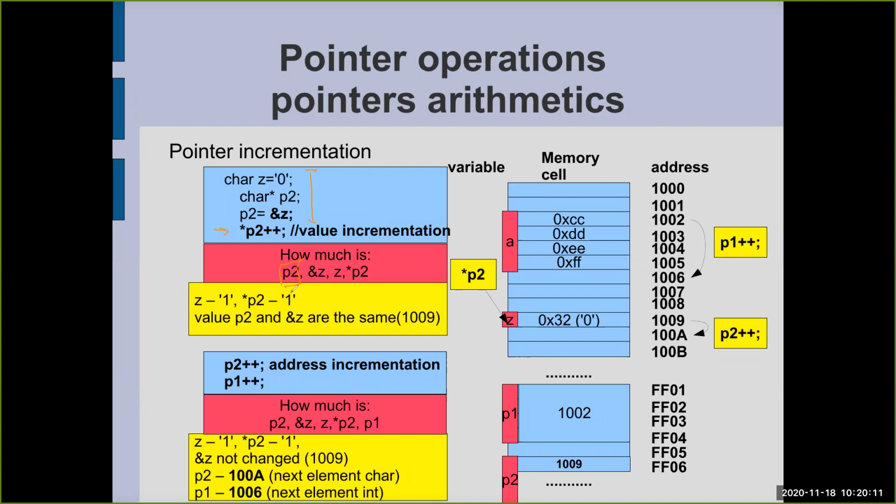P2 is a pointer, yeah? So it stores an address. So what will be the address of P2? No, not the address of P2, the value of P2. Yeah, it will be 10009. By the way, what will be the value of ampersand P2?